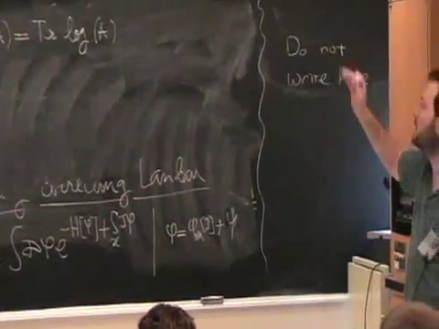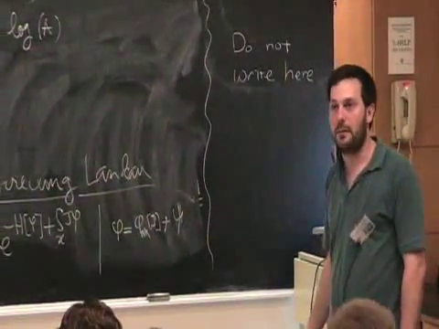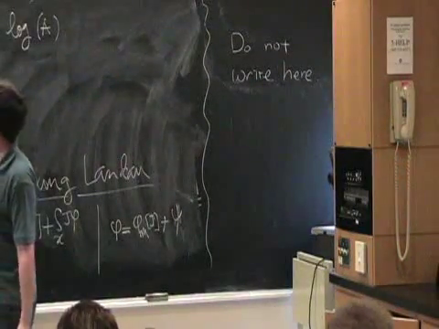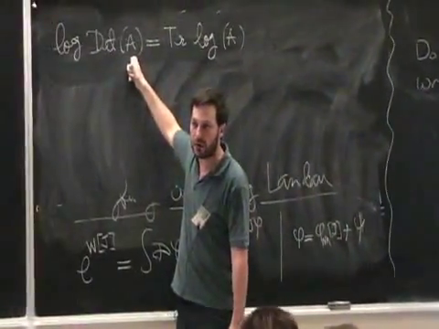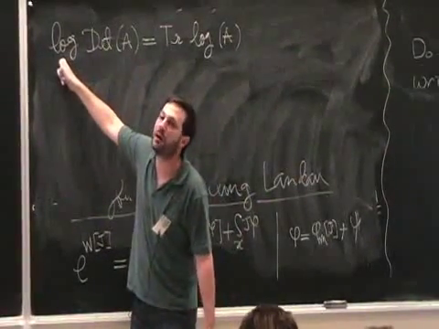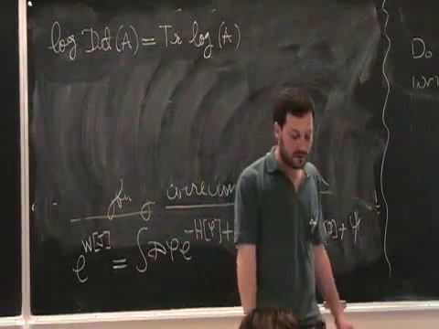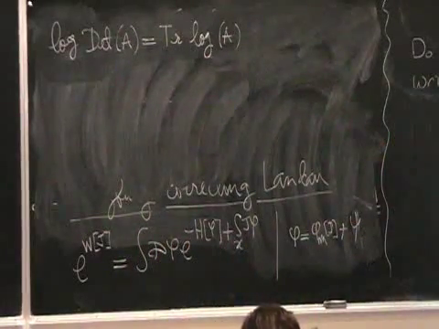If that happens, this formula is okay. If not, the determinant is the product of eigenvalues, so you will have a problem with the logarithm. So let's suppose that all eigenvalues are positive, and then this formula works.